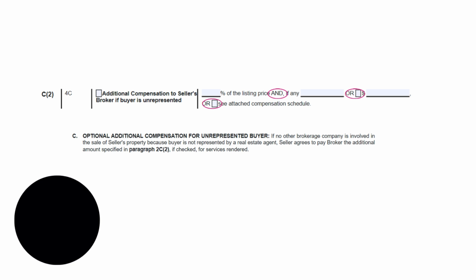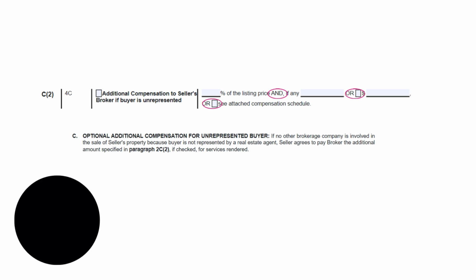The disclosures, if they need to go there and open doors for inspections, if they need to go there and open doors because the buyer's family or friends want to come through, or just because the buyer wants to go look at the property again. There's just going to be more work involved with an unrepresented buyer. So that is why there is an optional additional compensation for it.